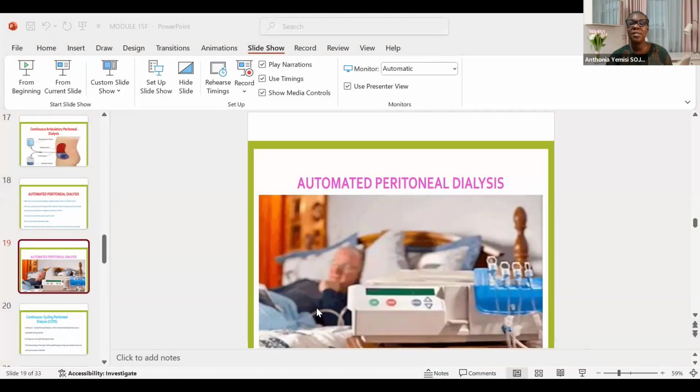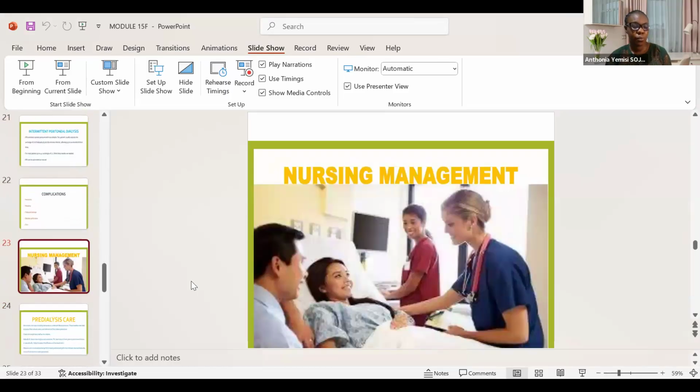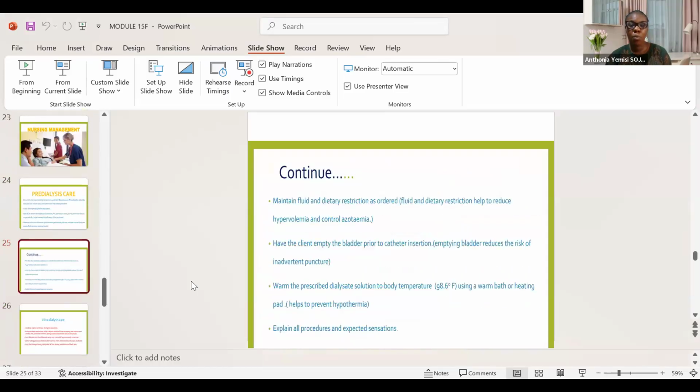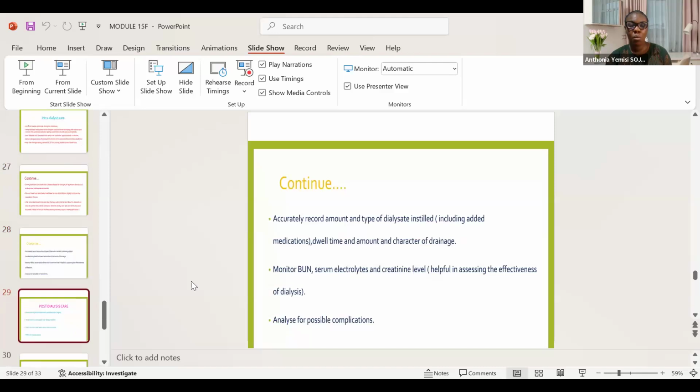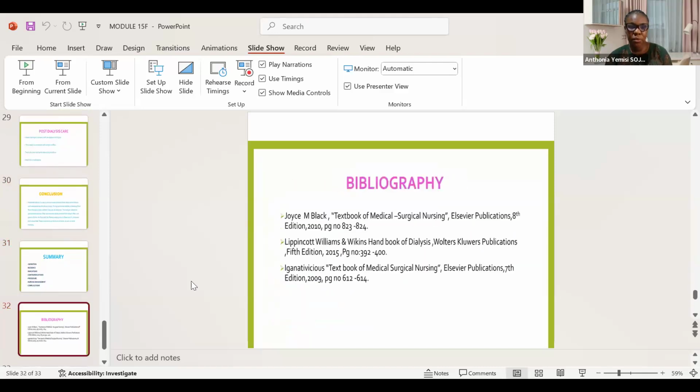While they're still asleep, the machine would also do the drainage for them. Okay, I think by and large, that would summarize the important things we want to say about peritoneal dialysis.